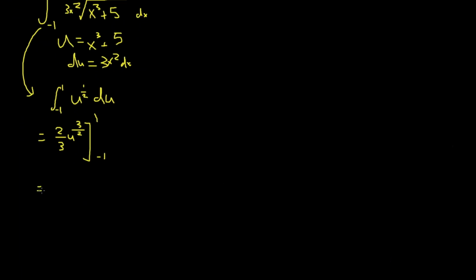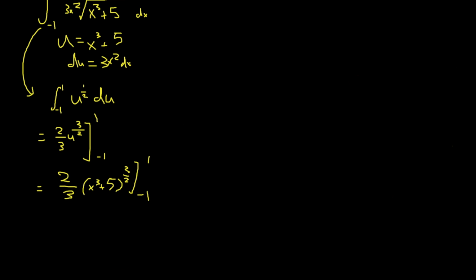So we can substitute x cubed plus 5 back in for u, giving x cubed plus 5 to the 3/2 evaluated from -1 to 1.